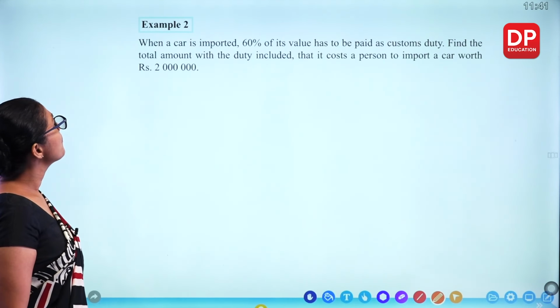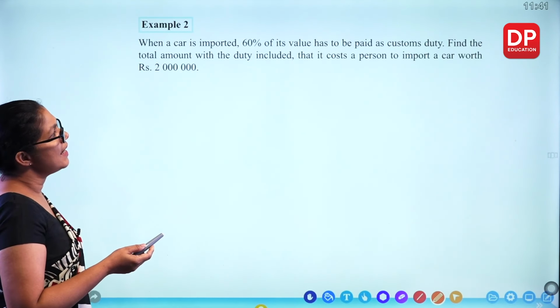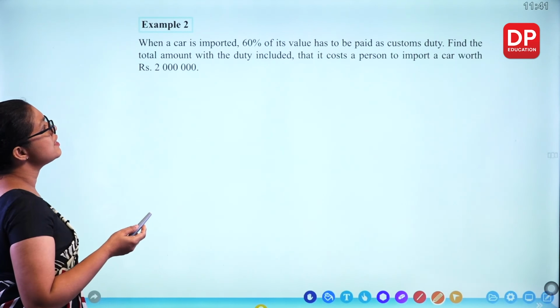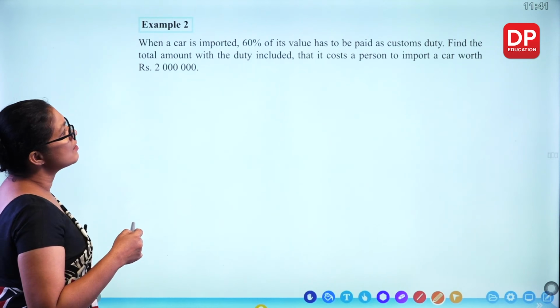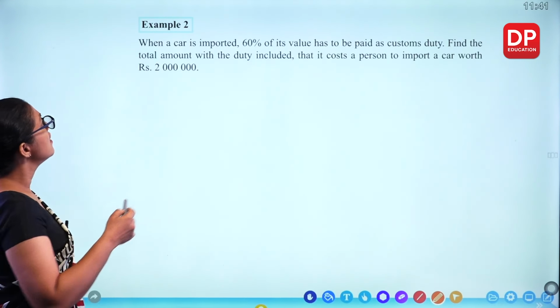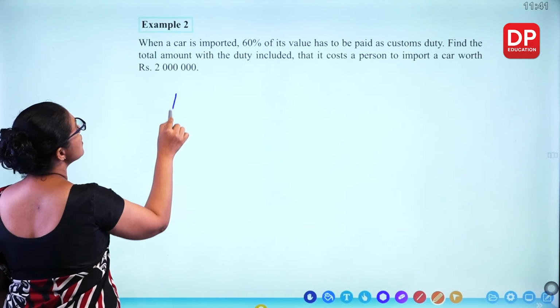Example number 2. When a car is imported, 60% of its value has to be paid as customs duty. Find the total amount with the duty included that it costs a person to import a car worth 2 million. So what's the amount? 2 million.